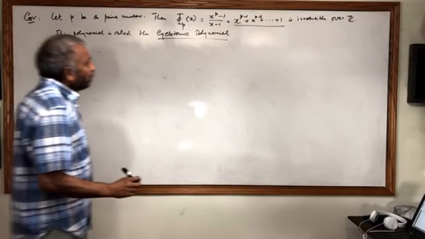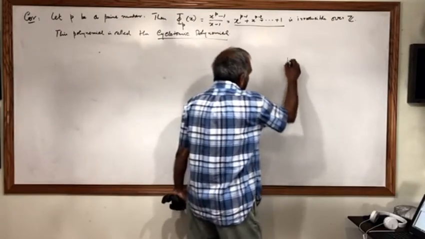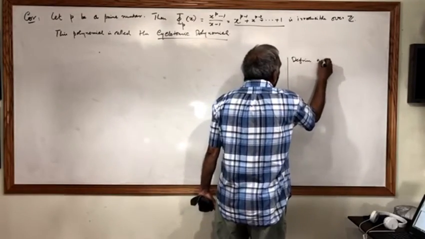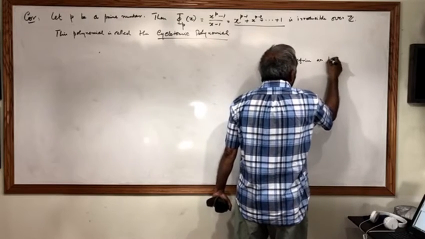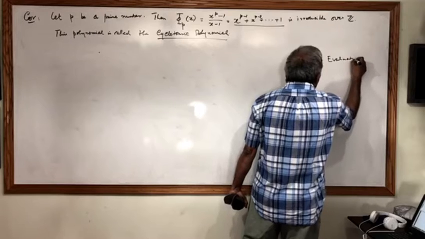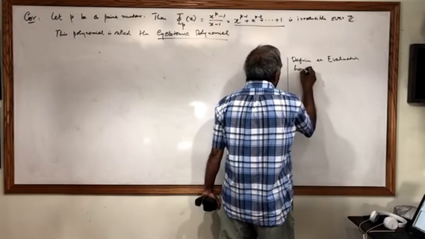The way we are going to show is like this. Define an evaluation map, evaluation homomorphism.